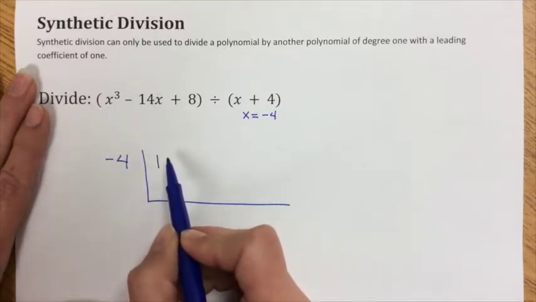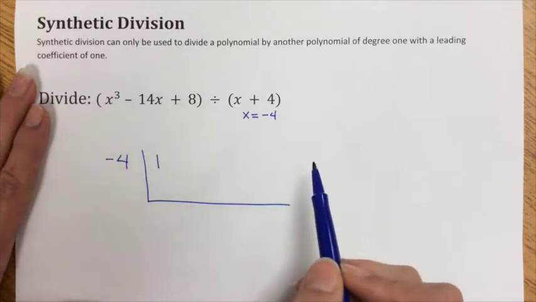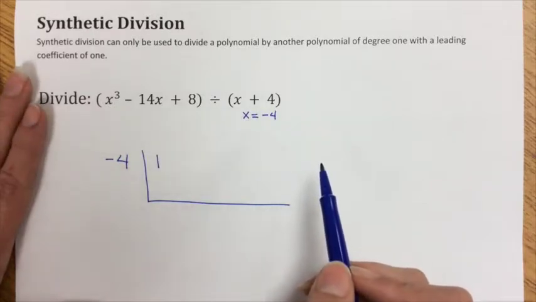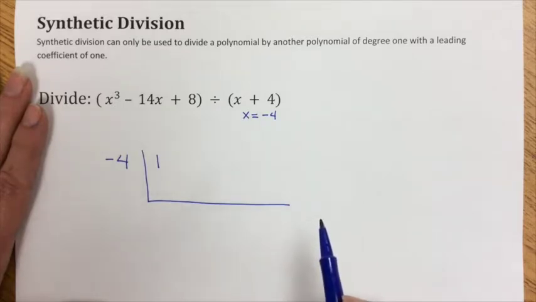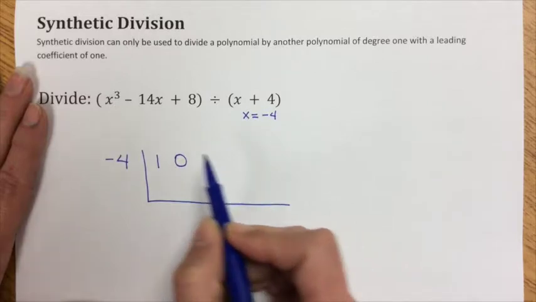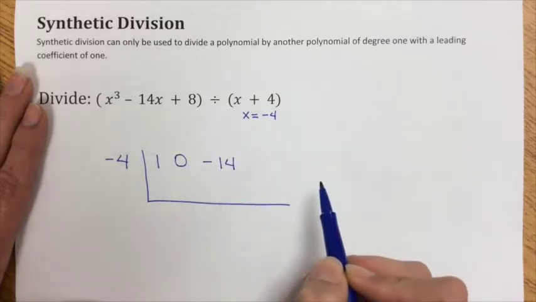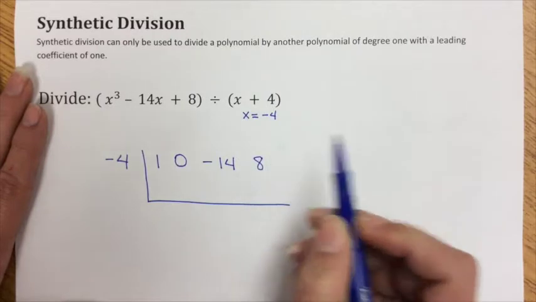And then we are going to descend in order from 3 to 1, and then our constant. We do not have an x squared term, so we are going to put a 0 in. Our x to the 1 power has a coefficient of -14, and our constant is 8.